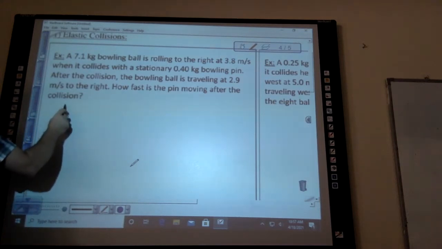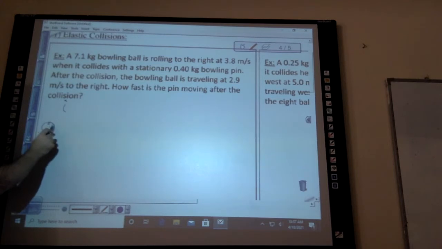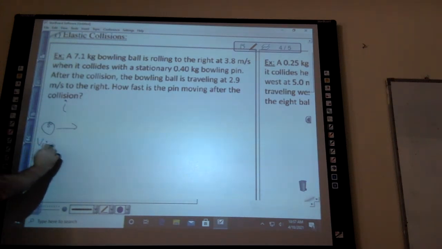So if I look at our initial situation, what do I have? Bowling ball. It's rolling to the right. So V1 initial, 3.8. We have mass 1. We know that. It's the bowling ball, so 7.1.